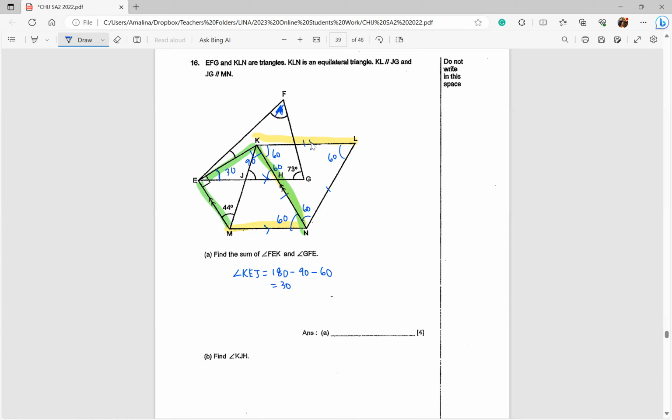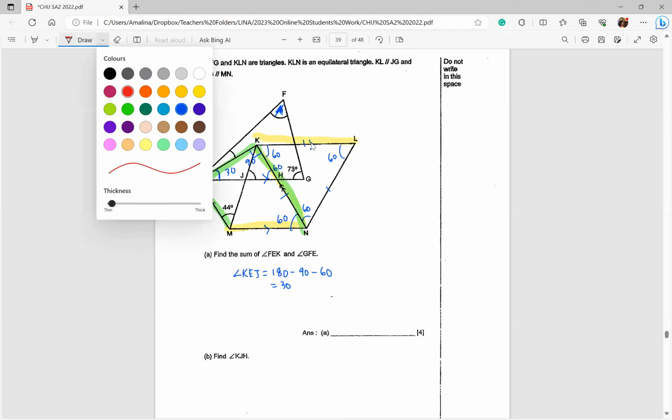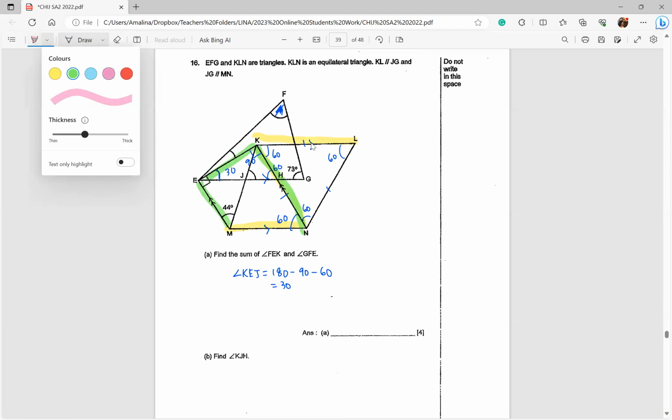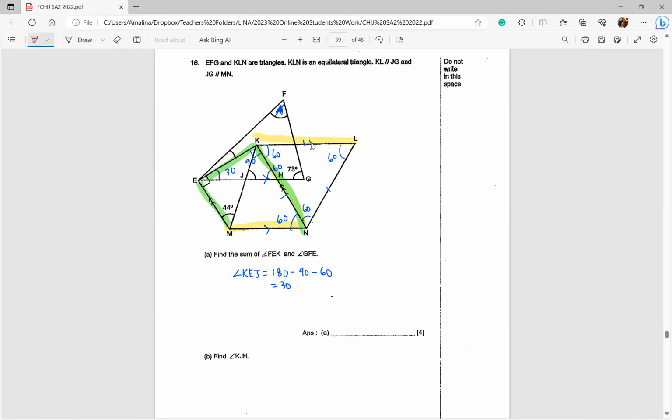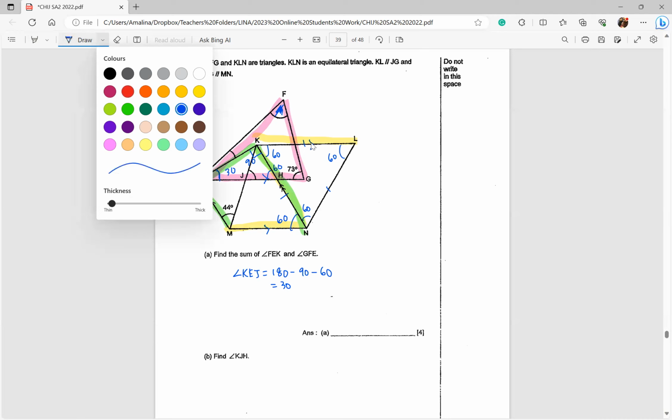Once I know this angle, I can find my answer. So I will use another color highlighter. Okay, I will focus on this triangle FEG. So you see this triangle FEG? I have this corner 73 degrees, right? I have this corner which is 30 degrees.